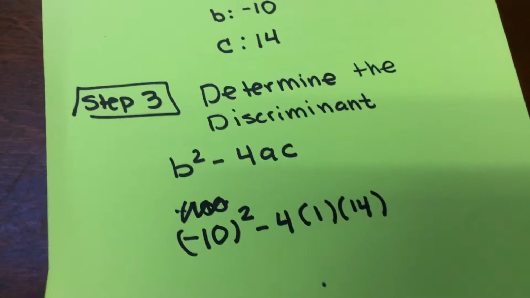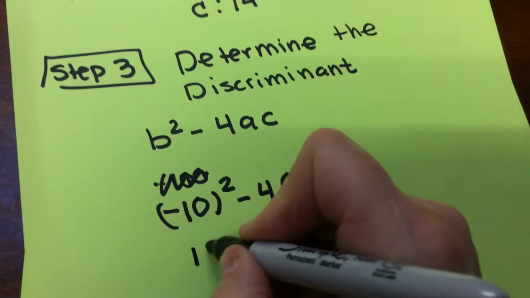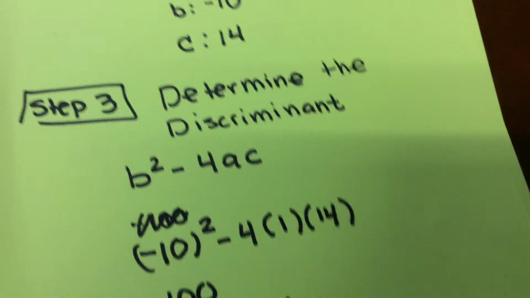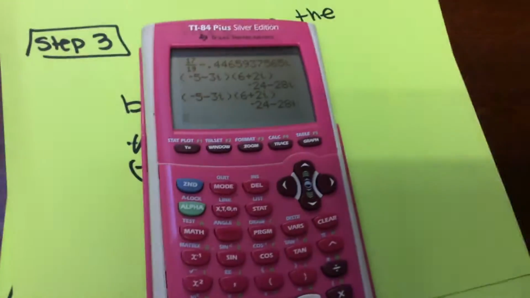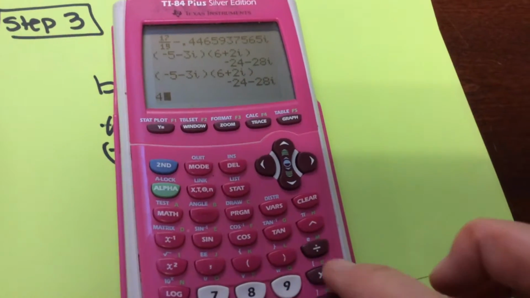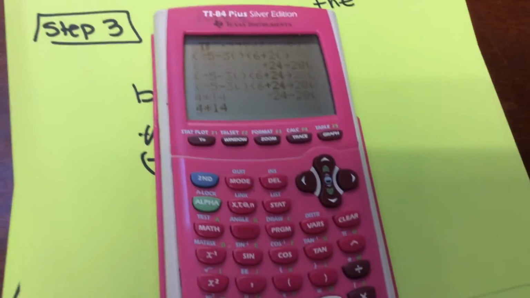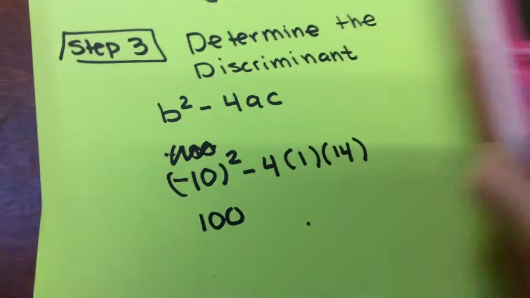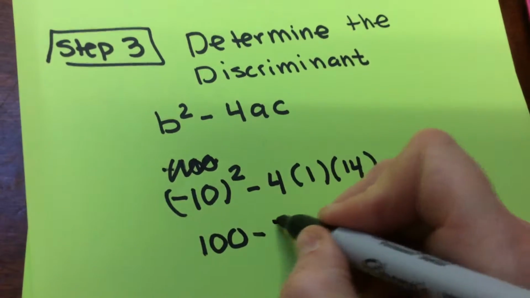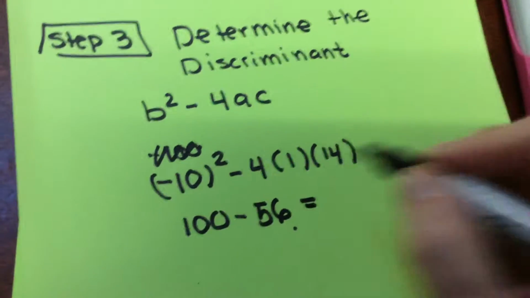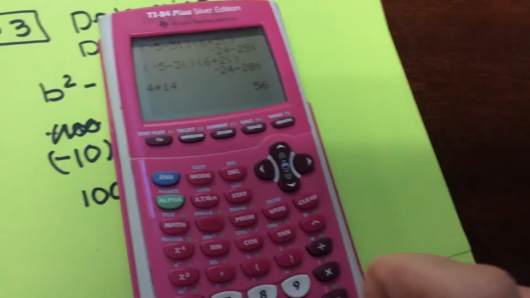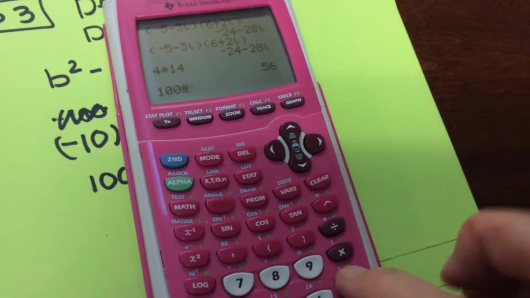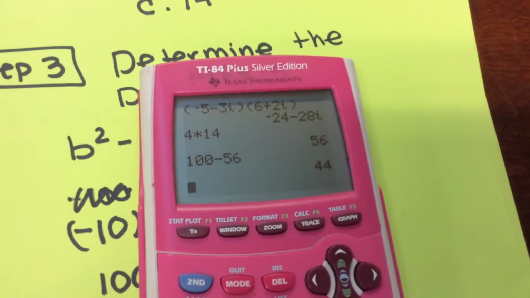Okay? So this becomes a positive 100, and we go ahead and calculate 4 times 14, and that gives me 56. So it is 100 minus 56, and that's going to be a positive 44.